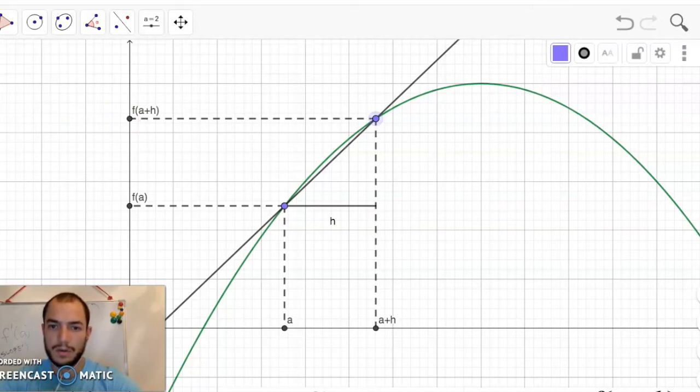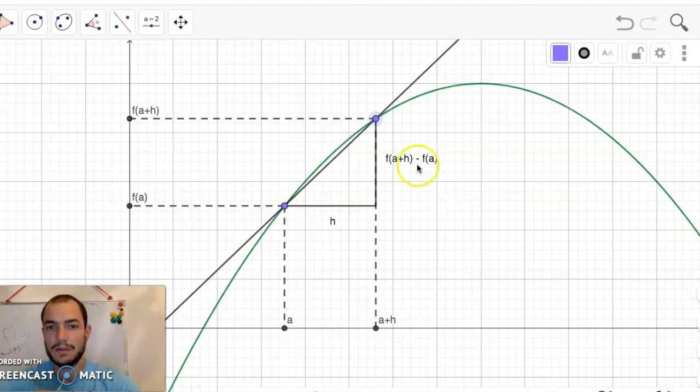Okay, so if we're calculating slope, we need to know what is the difference between these two y coordinates. In the slope formula, that's delta y. And the difference between them is the top one minus the bottom one. So it's written like this. It looks kind of complicated, but again, it's just the top y coordinate subtracted by the bottom coordinate.